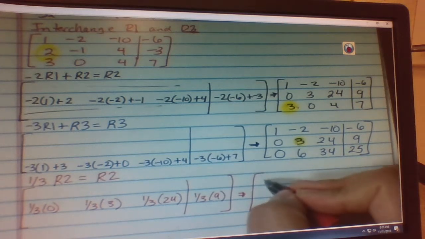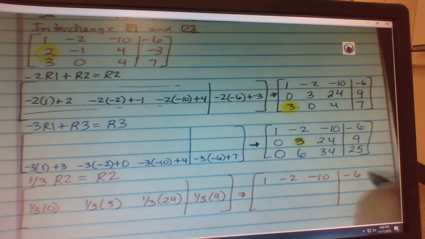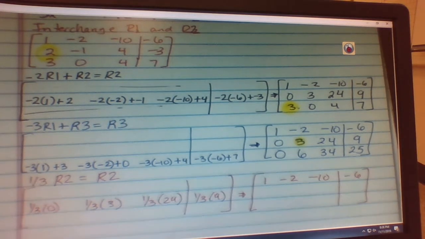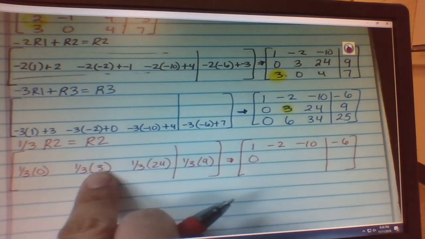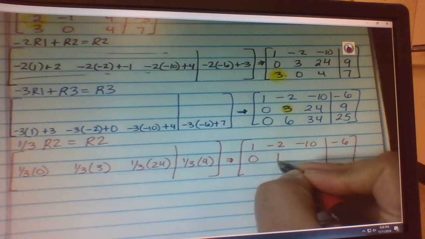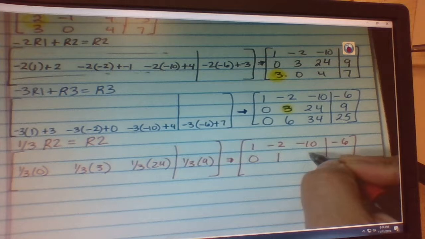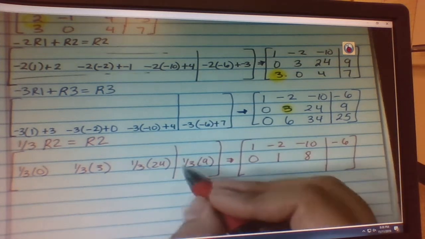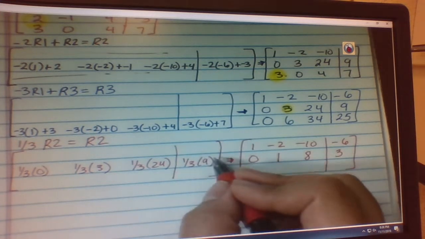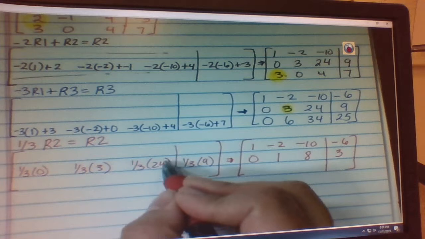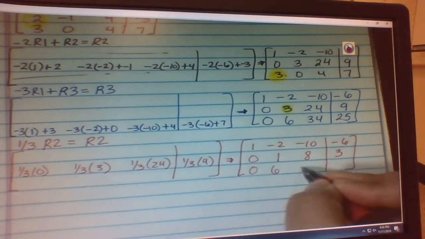So first row doesn't change. 1/3 times 0 is 0. 1/3 times 3 is 1. 1/3 times 24 is 8. 1/3 times 9 is 3. Because remember, it's basically 9 divided by 3, 24 divided by 3, 3 divided by 3, and so on. This one did not change.